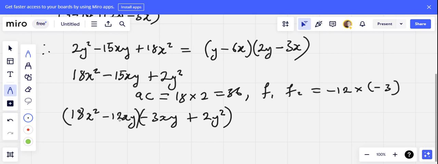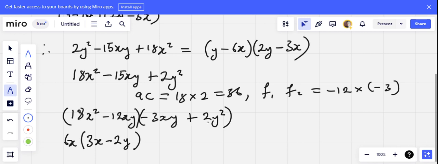Between 18 and 12, 6 is a common factor, and x is also common, so we factor out 6x. Factoring out 6x from there, you'll be left with 3x, and then from the 12xy, what will be left is 2y, so 3x minus 2y.